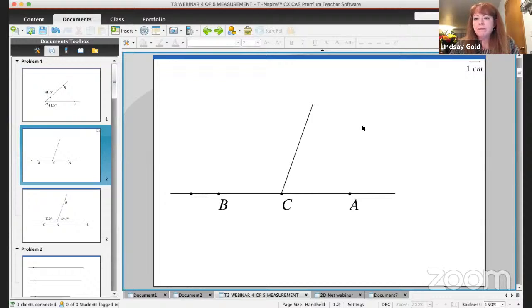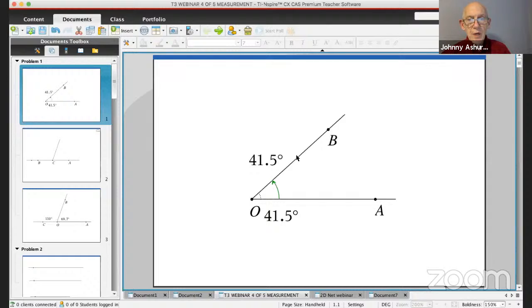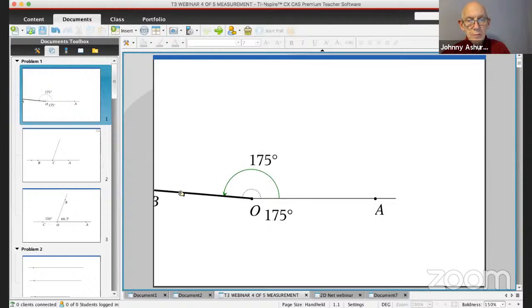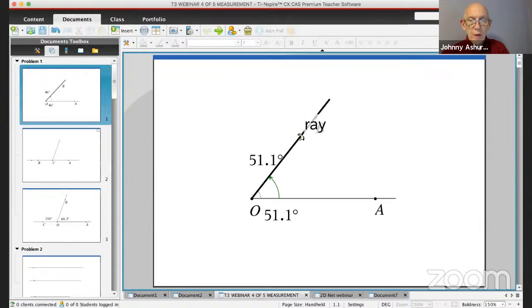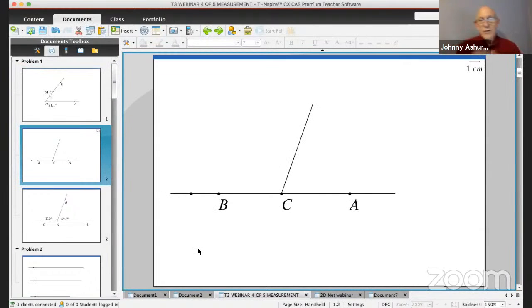Okay. Now, this looks very much, and I'm going to go back to this page, it looks very similar to this, with the exception that I have this ray. What's going on here is that I've extended that side, and I've done that simply by putting a line on the screen.